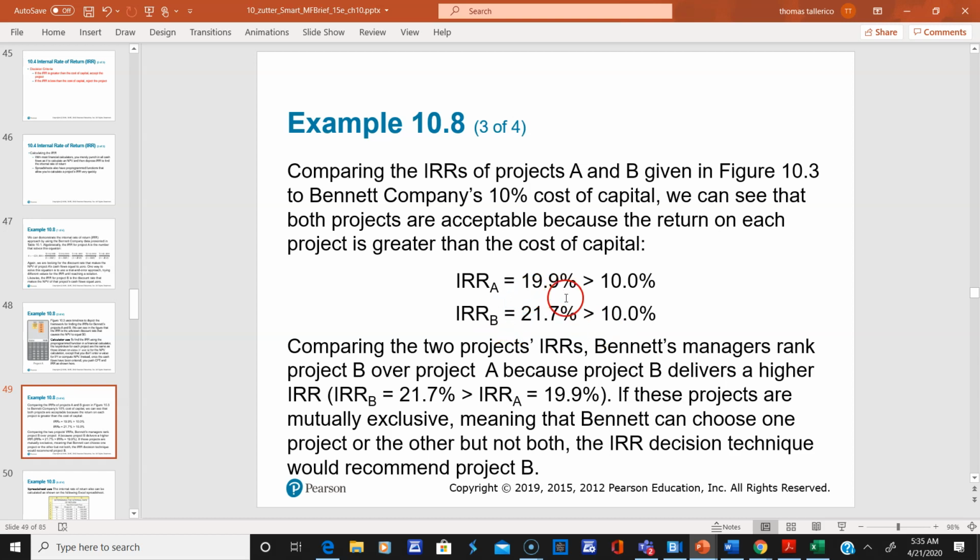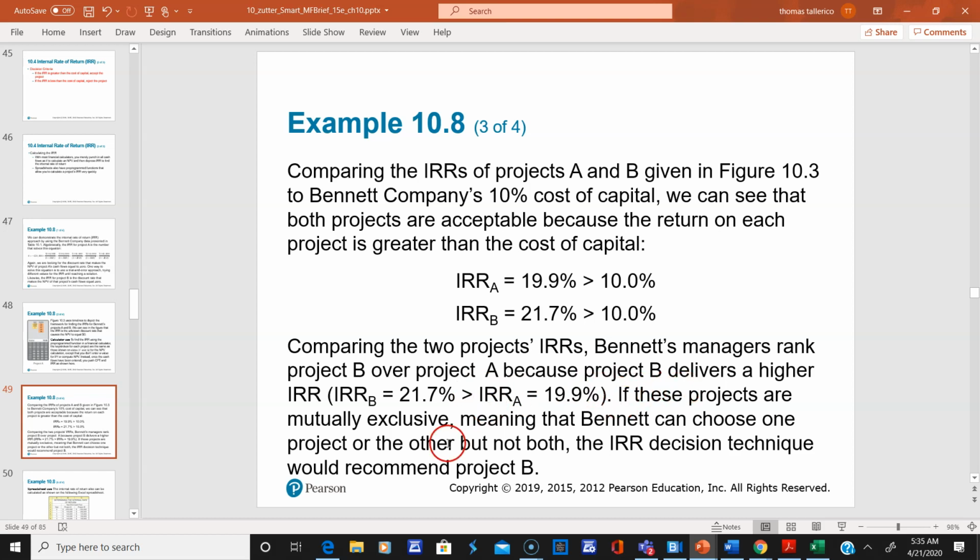However, this one is telling you this one's more worth doing. And according to internal rate of return, you would want to do B, because B provides a higher return. So you can see here, comparing the two projects' internal rates of return, Bennett's managers rank Project B over Project A because Project B delivers a higher internal rate of return.